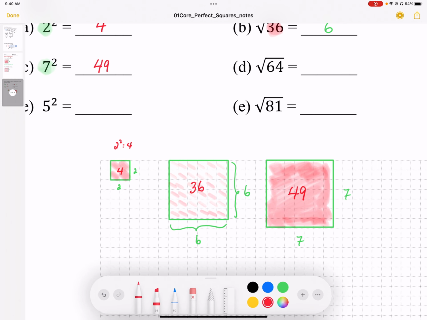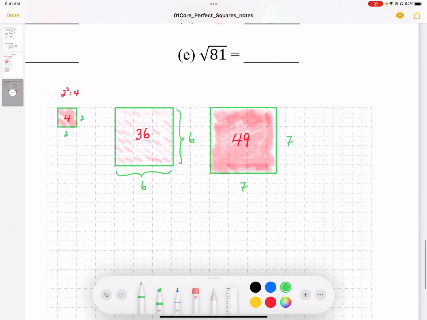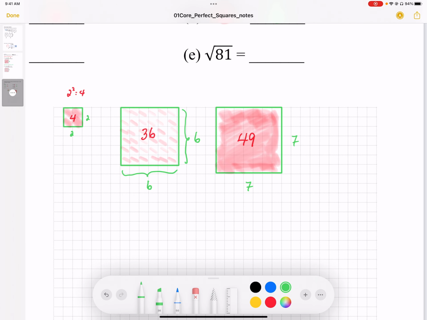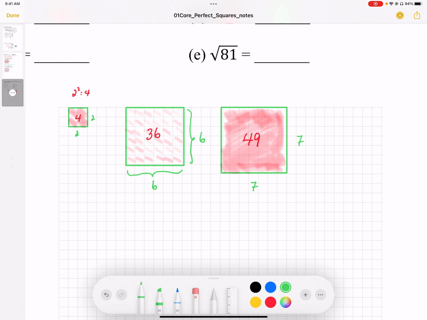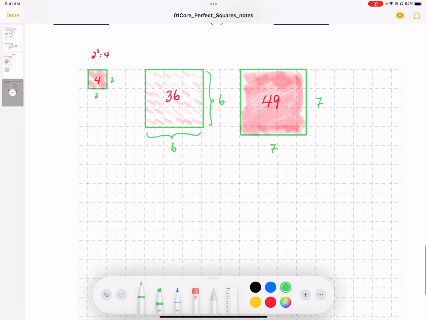64 then is going to be my area. The edge length is going to be 8. So I know that 8 along the edge is going to give me my 64 squares. So if I were to draw this in, I'm going to draw it in over here.